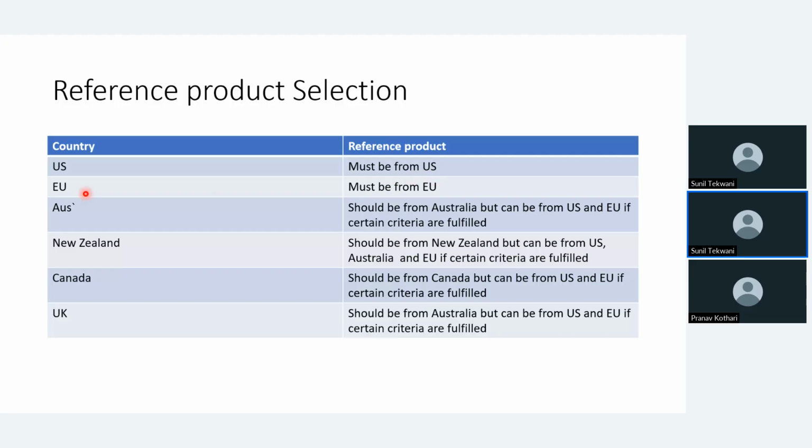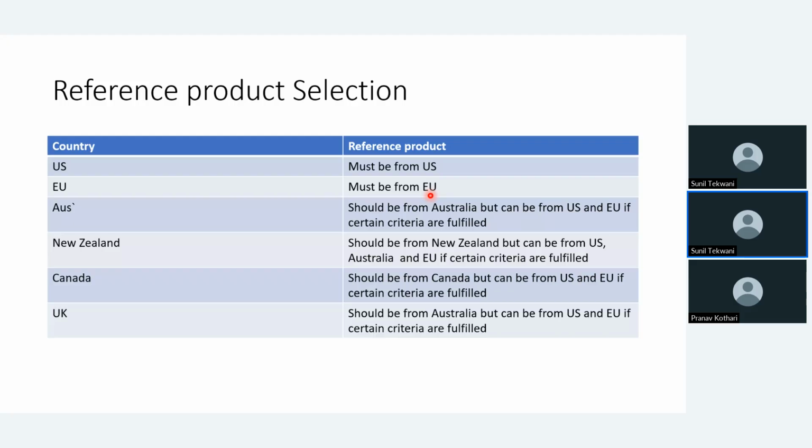Similarly, in the EU, if you're targeting an EU dossier, in your BE study you must have the reference product from the EU. It can be from any country of the EU, there are 28 countries or more in the EU.